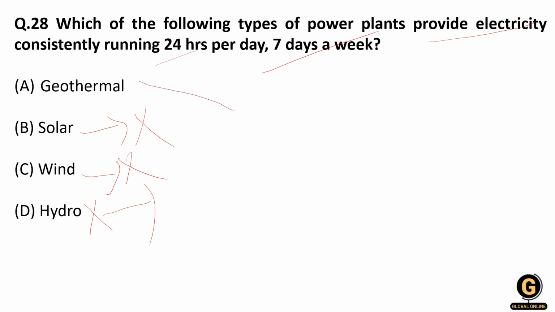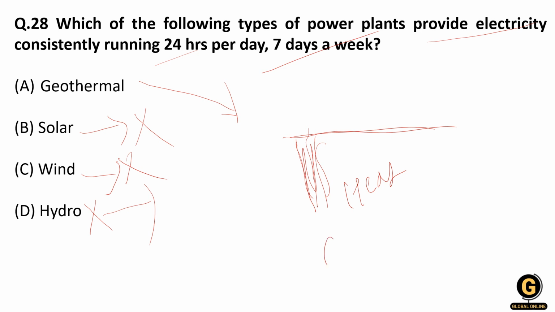But geothermal energy, so what is geothermal energy? It is the energy derived from the earth's subsurface. Whatever heat is in the earth's crust, the energy is derived from this heat, and it is used for heating, cooling or generating electricity. That we call geothermal energy generation or geothermal electricity generation.